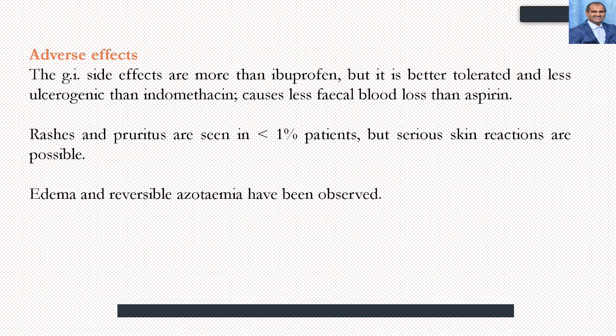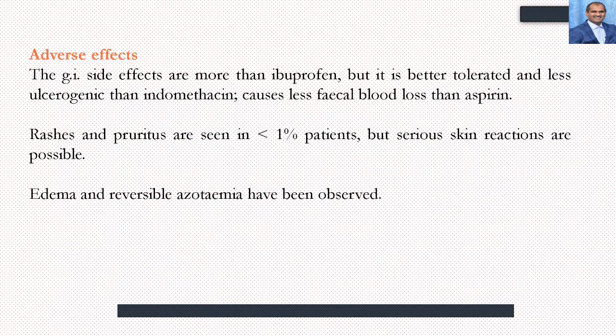So aspirin is always causing fecal blood loss. The rashes and pruritus are seen in less than 1% of the patients, but serious skin reactions may be possible, and edema and reversible azotemia are commonly seen, and the clinical signs of ulcers and erosions are also very common here.